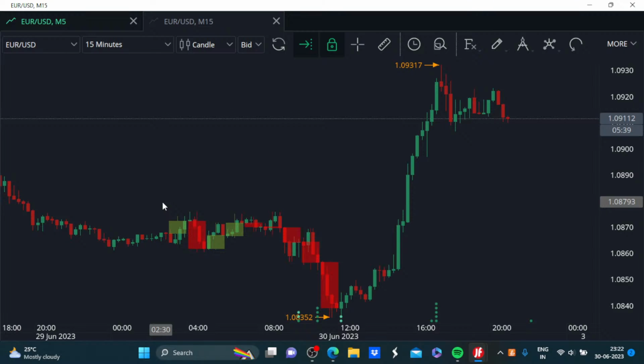But for the rest of the day, particularly during the early hours of the Asian trading session and also the late hours of the New York session, we don't really see much activity, quite reduced volatility, as we are observing even in today's trading session.